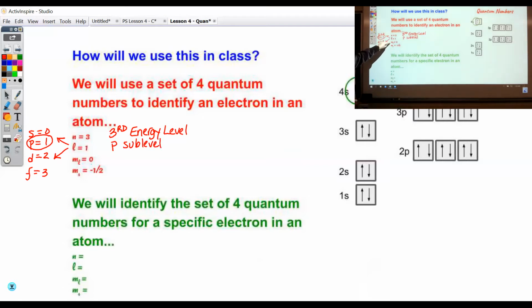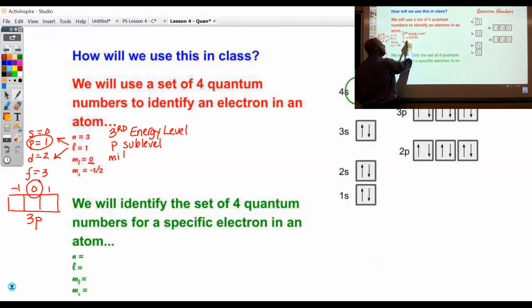Okay, now the next one talks about which orbital in the sublevel. If we think about what a P sublevel looks like, which is, in this case, the 3p, if we have a value equal to 0, remember these are -1, 0, and 1, that means we're talking about the middle orbital in the 3p sublevel. And then finally, the last one is a -1/2.